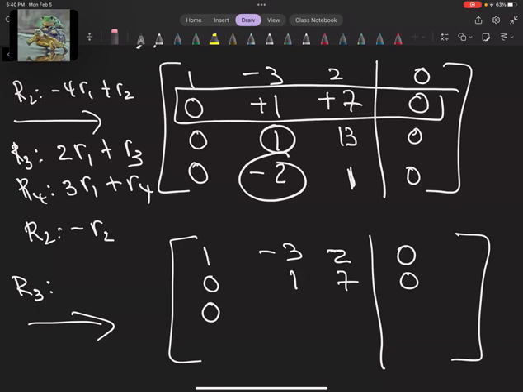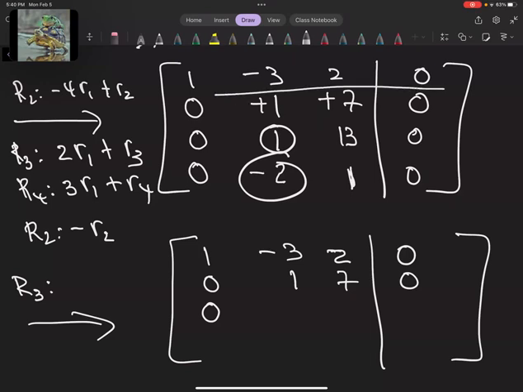R3 times, let's see, row 2, right? Because I'm gonna use the subtract 1. I'm using the row 2, right? This is the pivot. It's 1 minus 1 times 1 is equal to 0.